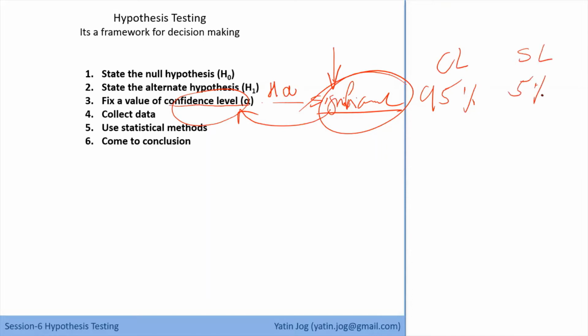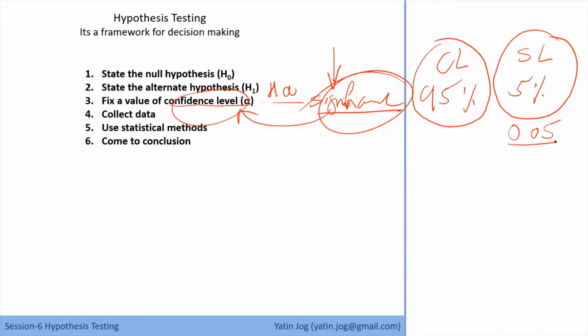That means if I want to have the confidence level of 95% in my observations, in my data, in my decision, then the hypothesis should be tested at 5% of significance level, that is 0.05.